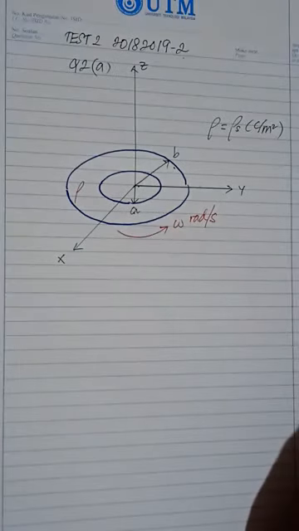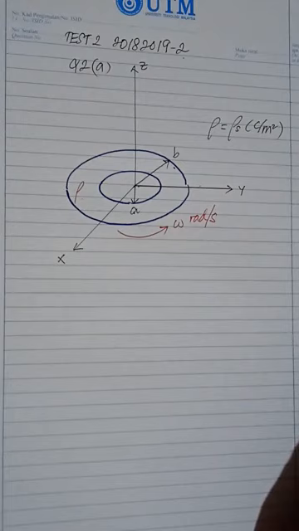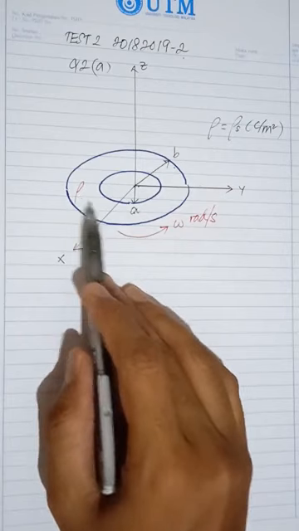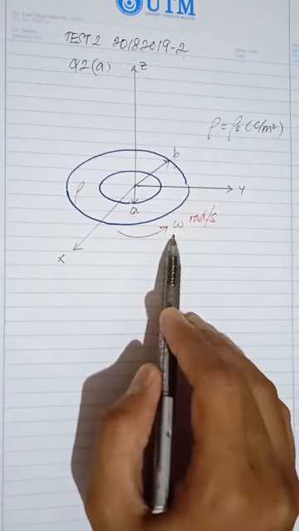Okay, and then we are going to prove or to show that the H expression is equal to half rho omega (B minus A).